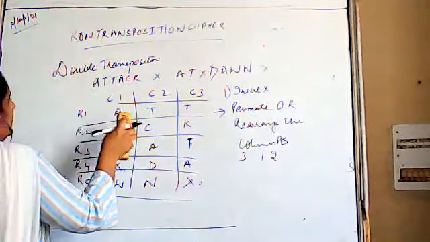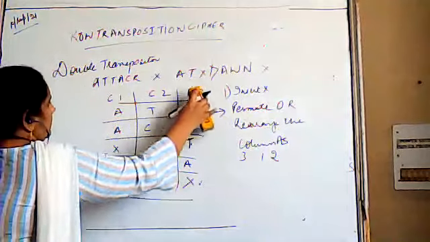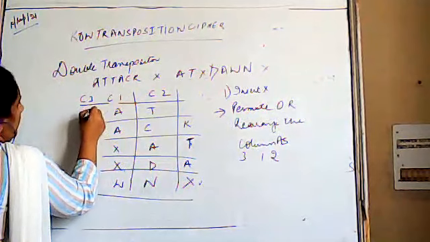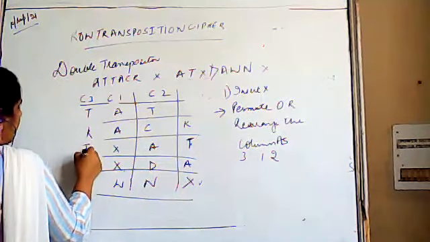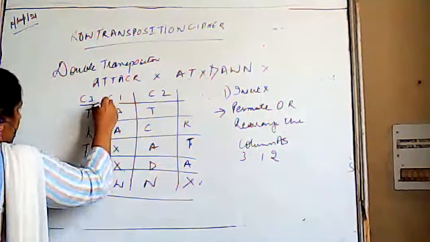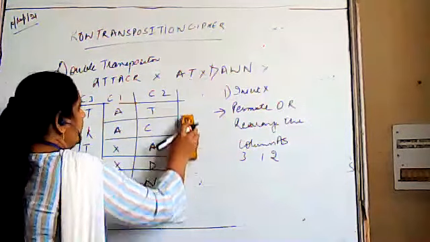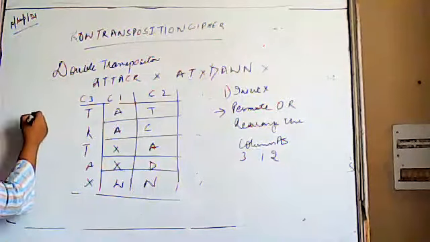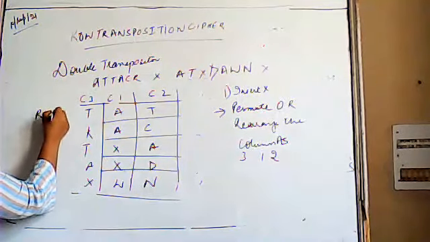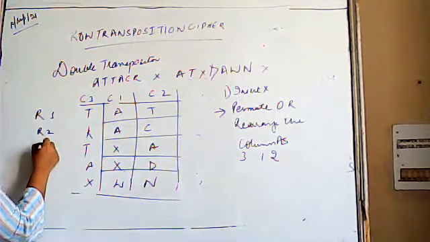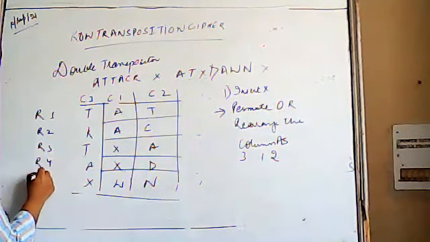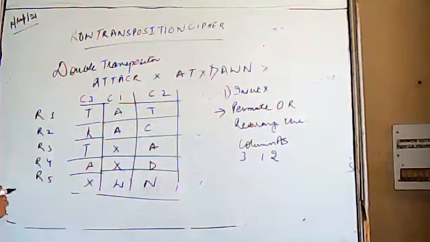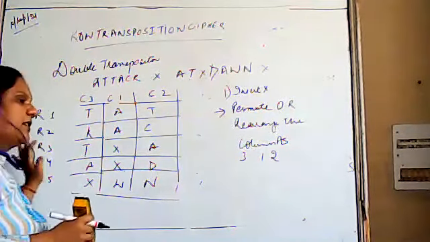So if I rearrange it, this will be C3, then C1, C2. This is how it will be rearranged because I have brought C3 in front and C1, C2 this way. So this is R1, R2, R3, R4, and R5. So this is my transposition which is done on the column side.